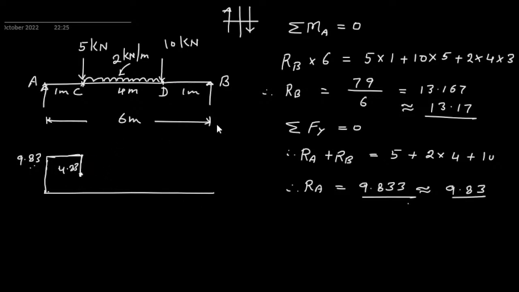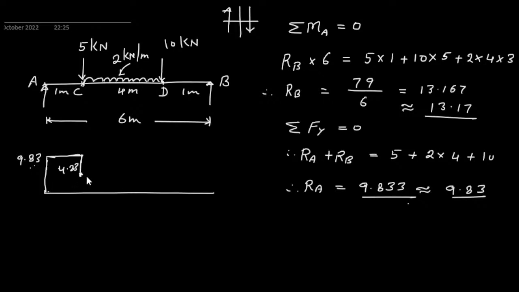Now at point D, as I am moving from left to right, whatever is going down, I will accordingly make my S.F.D. go down. So 2 times 4 is 8. Now from this I have to go down by 8.